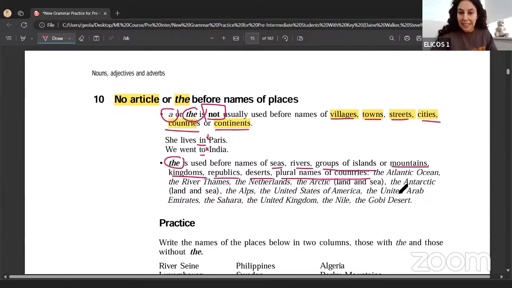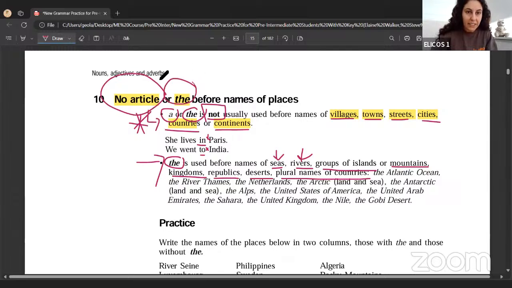So when you talk about these nouns, if it's a sea, the Atlantic Ocean, the Pacific Ocean, the Indian Ocean, river, islands, mountains, kingdoms, all of this, you must use the. Okay, so this is when we don't use an article. And this is when, yes, we must use the. So you just have to remember them.